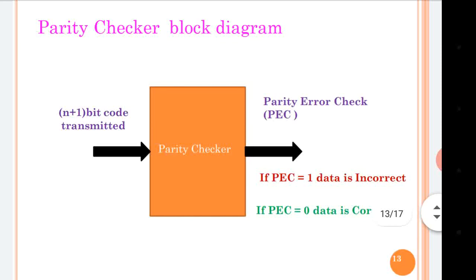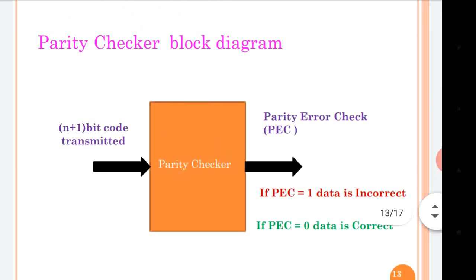Observe this diagram. Parity checker: an n plus 1 bit code is transmitted. Obviously, as we observed in the previous truth table, 3 plus 1, that is a 4-bit number, is transmitted, and it is received by this parity checker in our example. And at the output, PEC, that is the parity error check bit, will be generated.